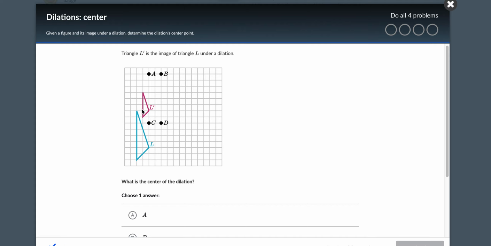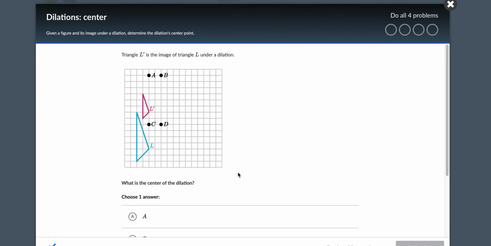So L prime, first of all, we know it can't be either C or D, because C and D are both in between the two triangles, and our candidate for the center has to be in a straight line with both of the points.